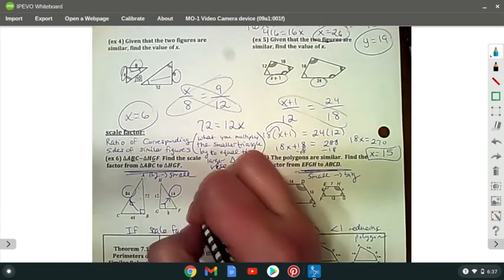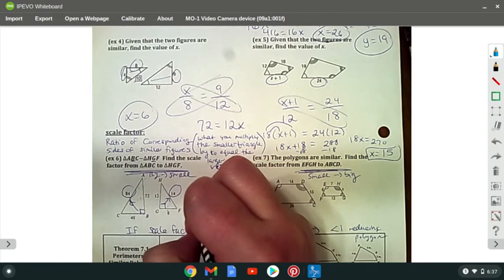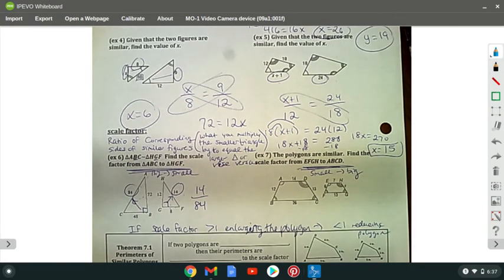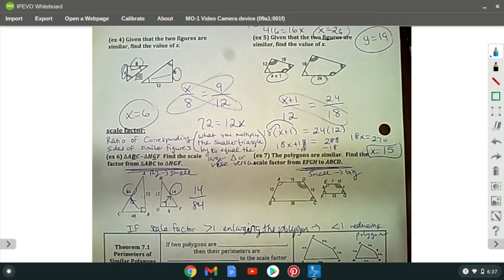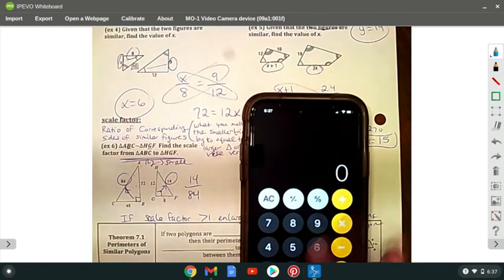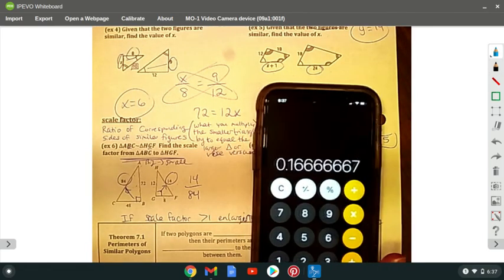If I do 14 divided by 84, I'm going to find the scale factor, because I'm doing the bigger number divided by the smaller number. If I did the bigger one over the smaller one, I would get a larger number. So in my calculator, I'm going to do 14 divided by 84, and I get 0.166.